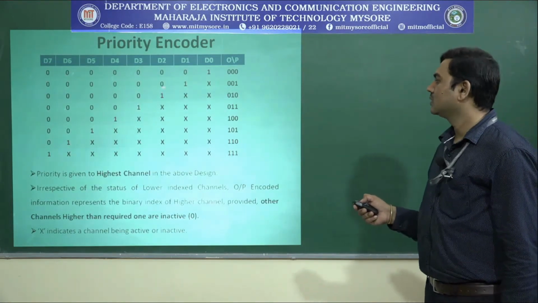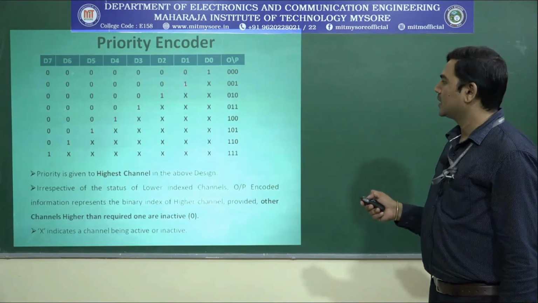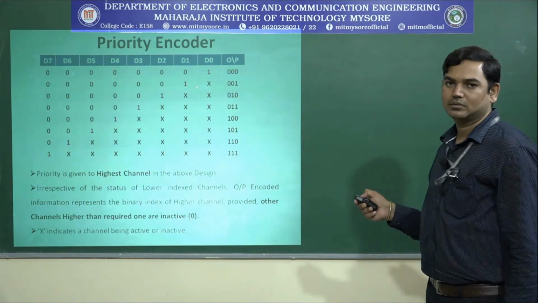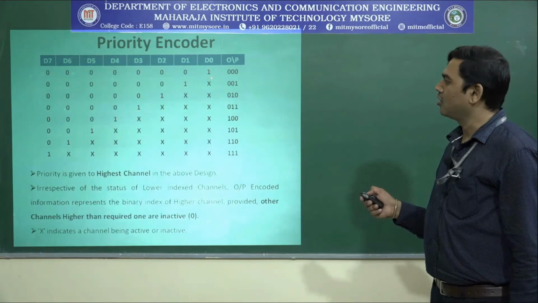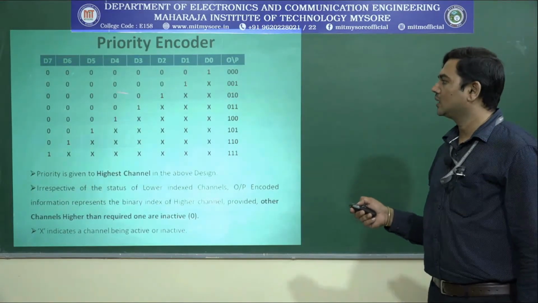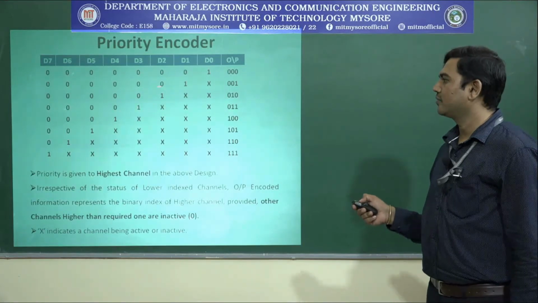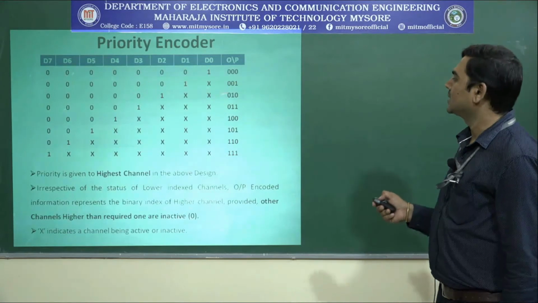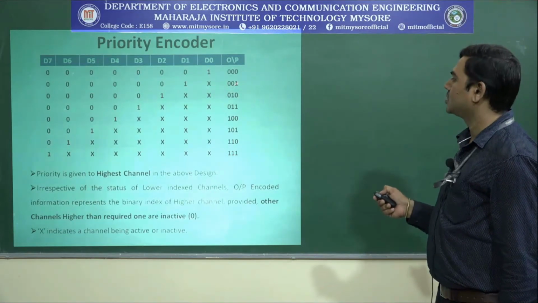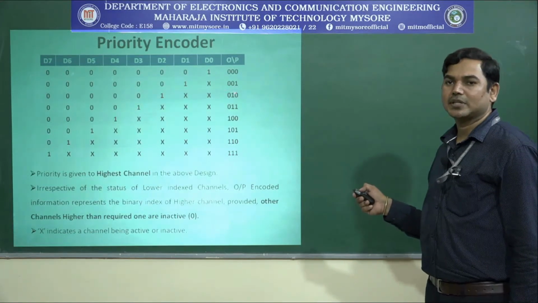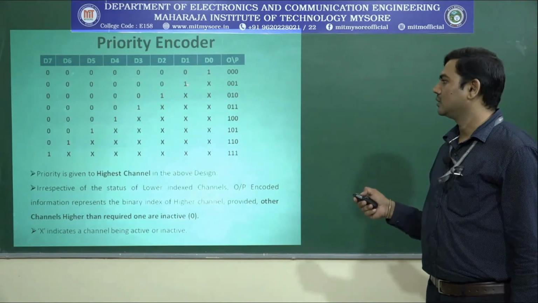This means if you press D1 and you don't press D naught, which means D naught is off, D1 is high, and all other channels from D2 to D7 are off, in such case we have 0, 0, 1 as the index at the output of the encoder representing D1 is high.